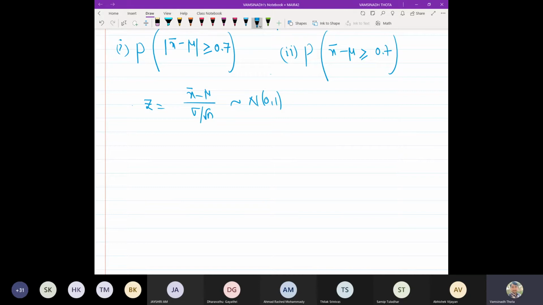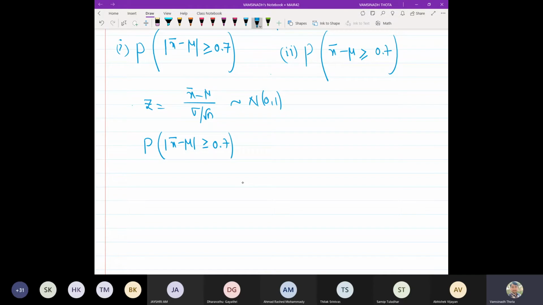The first one is the probability that the modulus of x bar minus mu is bigger than or equal to 0.7.